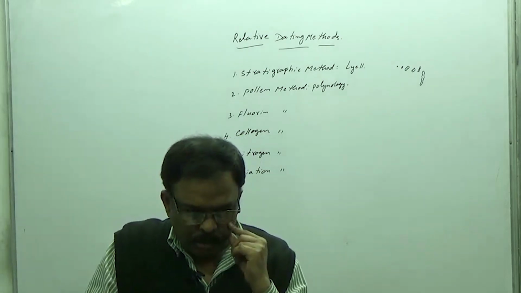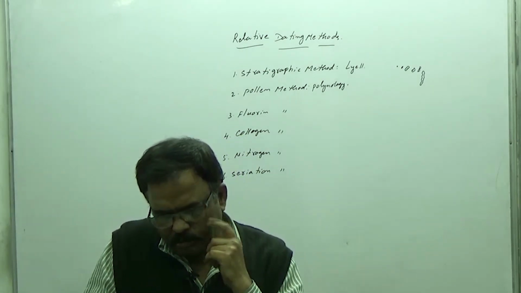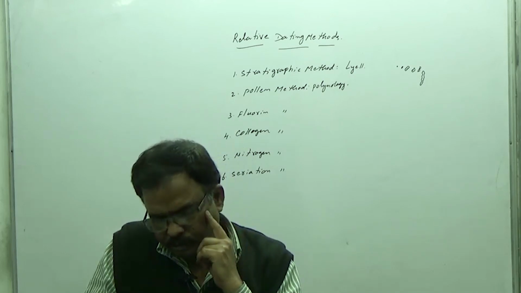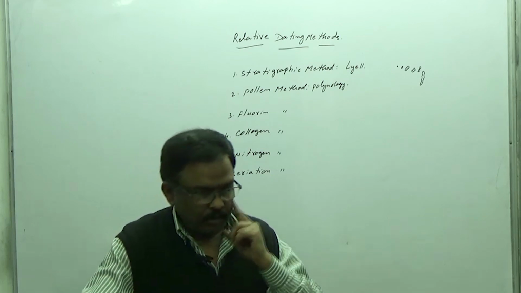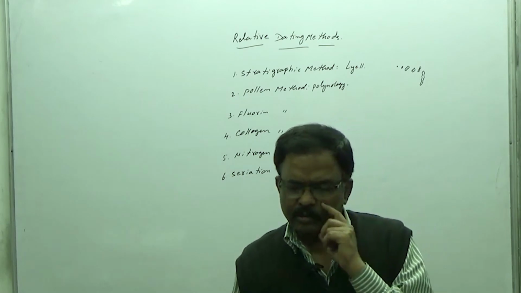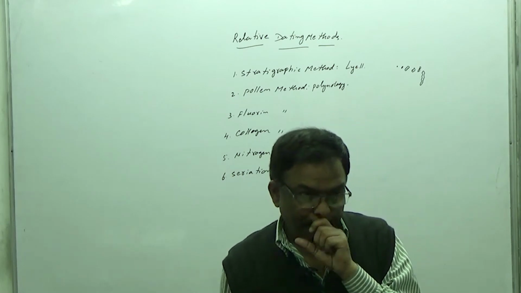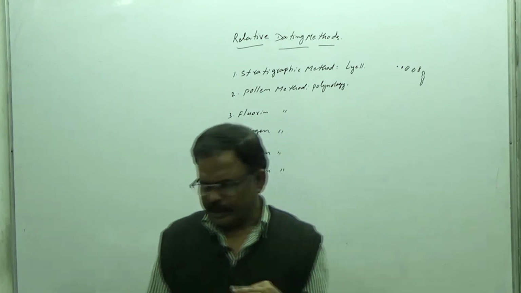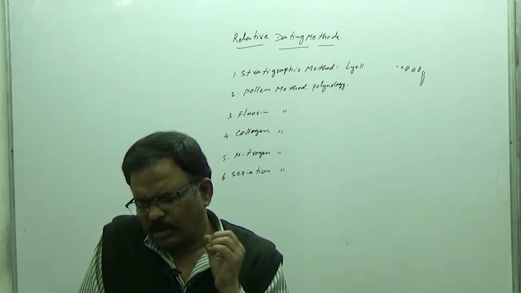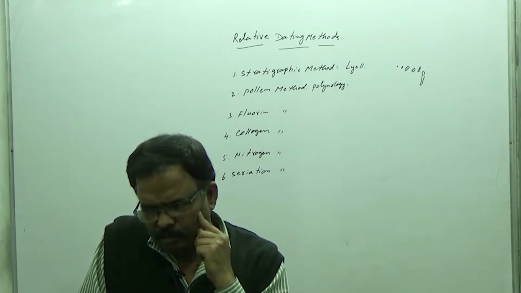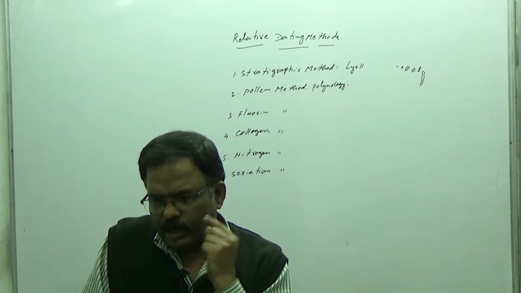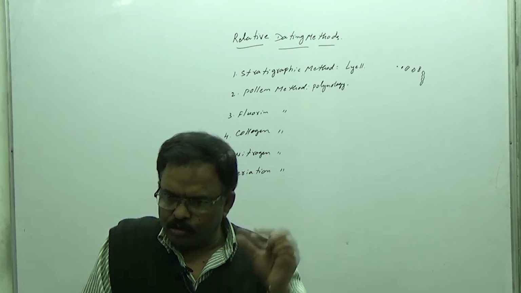Next. Pollen grains are male reproductive parts of a flower. Their structure is species specific. That means the length, width and thickness differ from one species to the other.